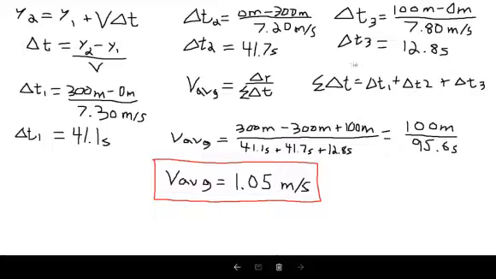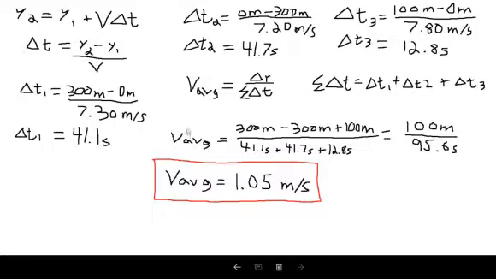To find the average velocity of the baton, we have to take the displacement, the change in distance, over the sum of delta t. So the sum of delta t equals delta t1 plus delta t2 plus delta t3.